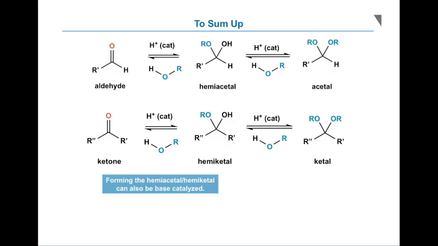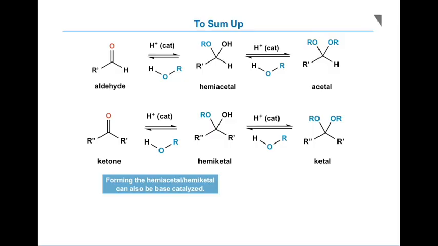We talked about aldehyde does a single step to the hemiacetal, which then goes to acetal. Ketone becomes hemiketal to ketal. Now this is under acid conditions specifically. When we're using acid conditions, we can get these 2 steps. There is also a mechanism that allows you to do base catalyzed.